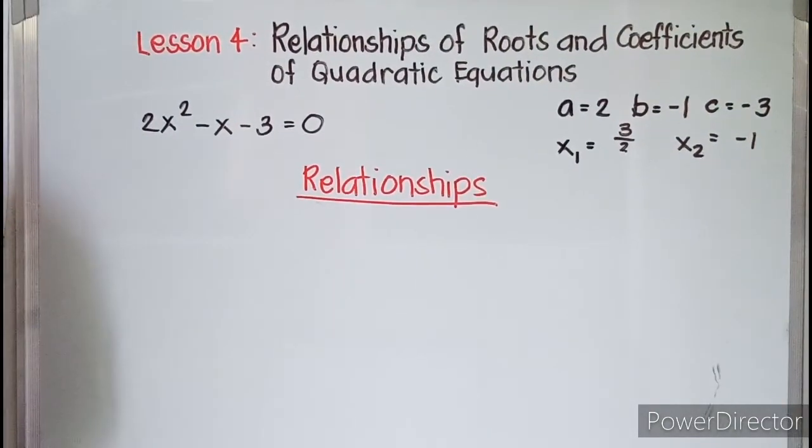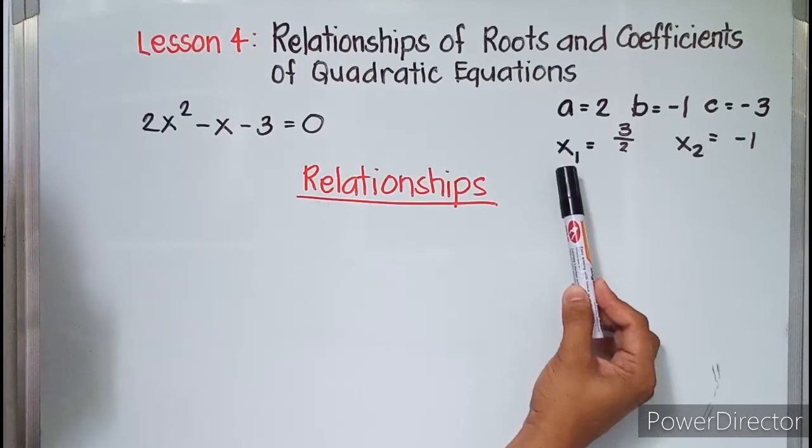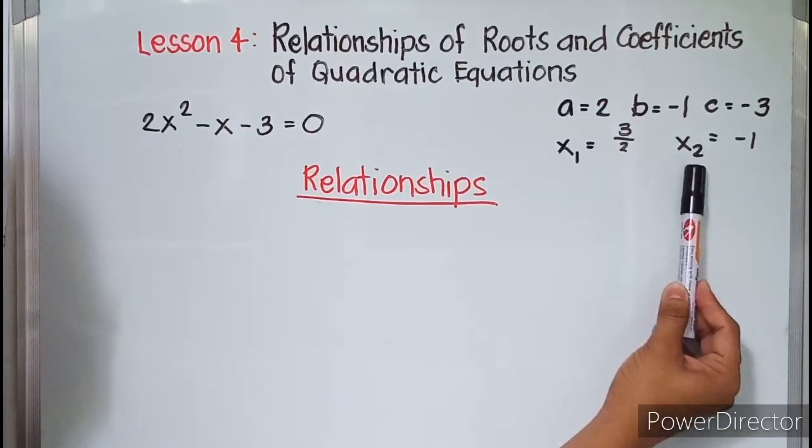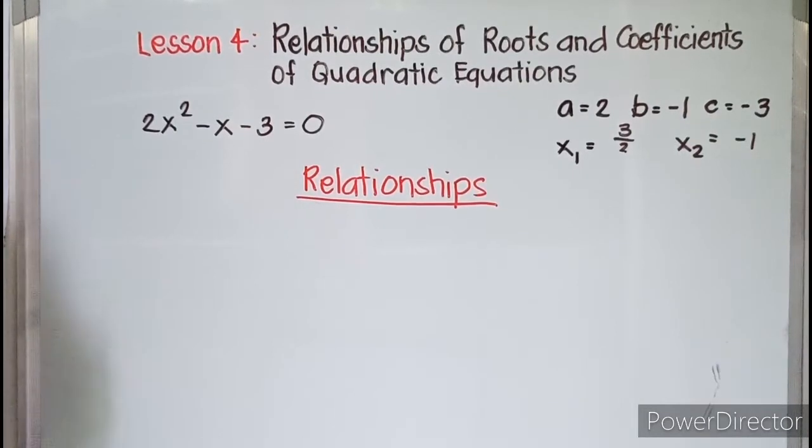I am going to explain the relationship of the coefficients a, b, and c, and the roots x sub 1 and x sub 2. So let's reveal the relationships among roots and coefficients of quadratic equation. So una, tingnan natin ang x sub 1 at x sub 2.